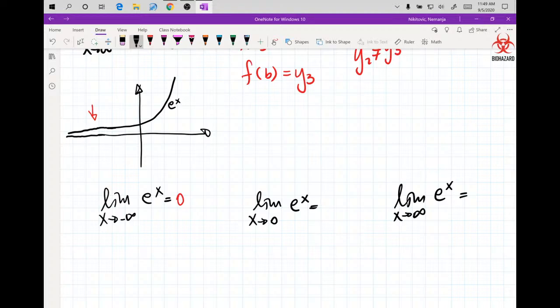We never reach infinity, but at infinity, the limit will be 0. So you need to extend this in your mind all the way to the left: as I am walking on this graph, it gets closer and closer to the x-axis, and at infinity it will be at 0.